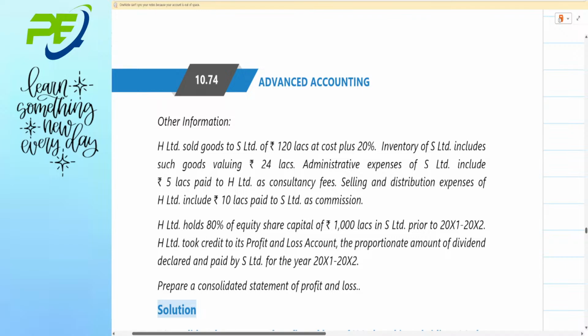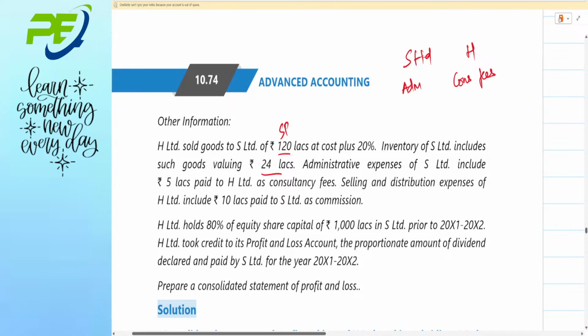H Limited sold goods to S Limited of 120 lakh at cost plus 20%. So this 120 is selling price or cost price? This is selling price. Inventory of S Limited includes such goods valued at 24 lakh. Administrative expense of S Limited include 5 lakhs paid to H Limited as consultancy fee. So for S Limited, it is admin expense, but for H Limited, it is consulting fees.